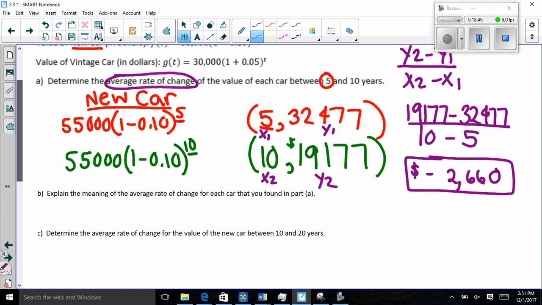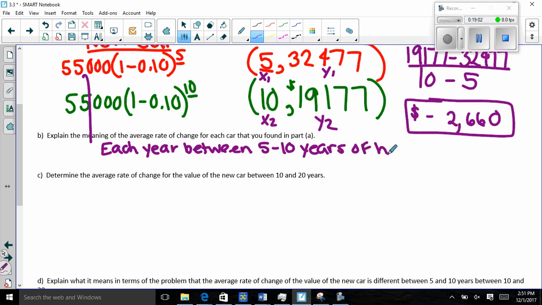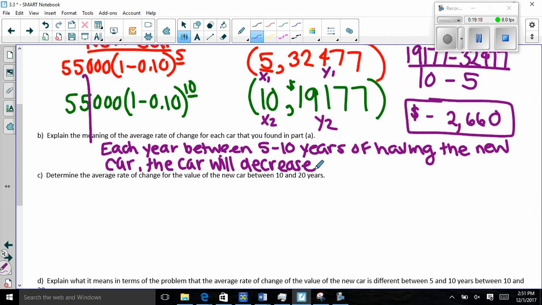So when I'm explaining the meaning, each year, between 5 and 10 years of having the car, it increased by $2,060 each year on average.